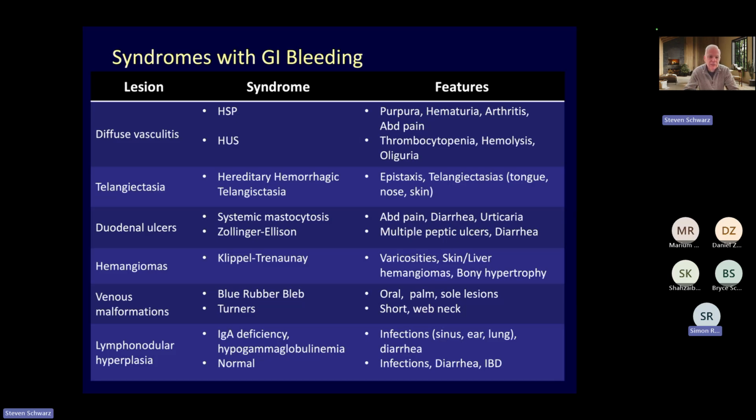Syndromes, all right? Diffuse vasculitides, HSP, HUS. Know how to differentiate HSP from HUS, all right?